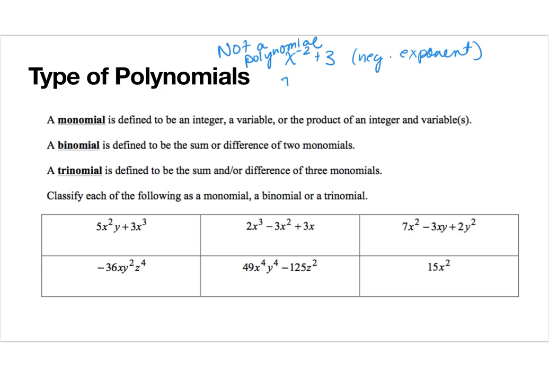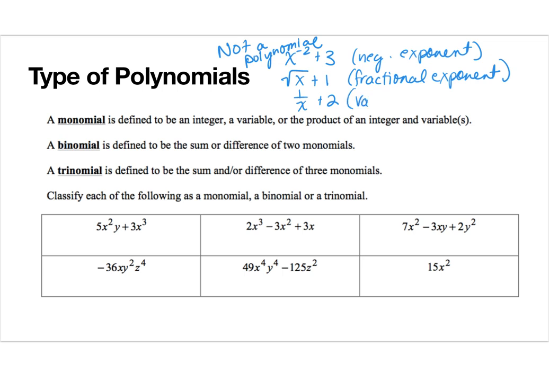Or the square root of x plus 1 is not a polynomial. It has a fractional exponent. Or 1 over x plus 2 is also not a polynomial.